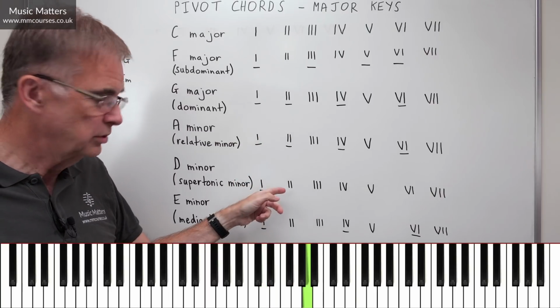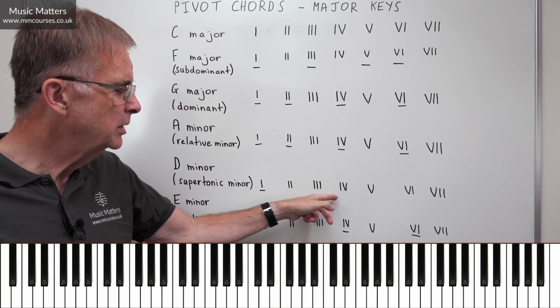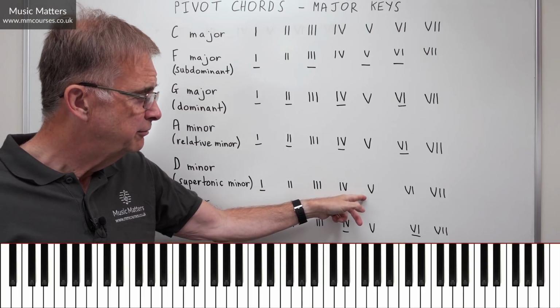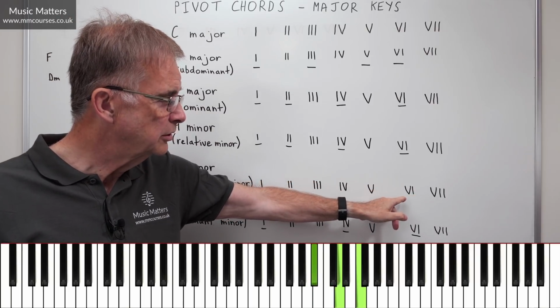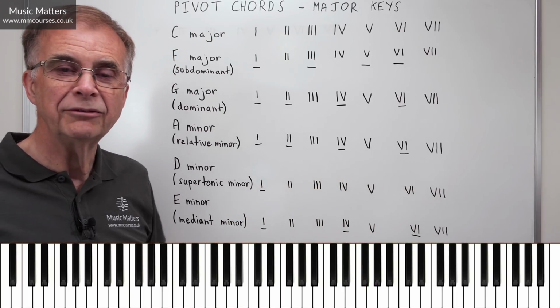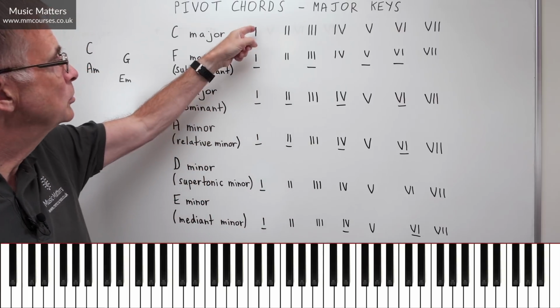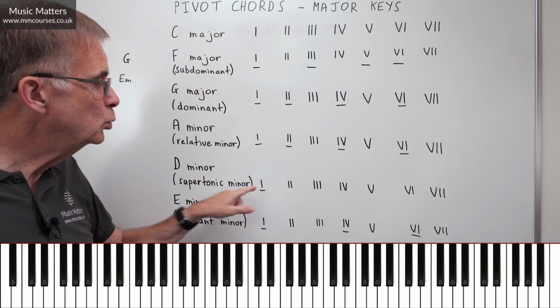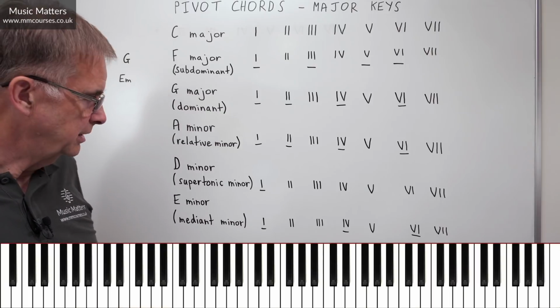So all these other chords have a B flat or a C sharp in them. They're no good to us because they're not throwing up chords that could pivot from C major.